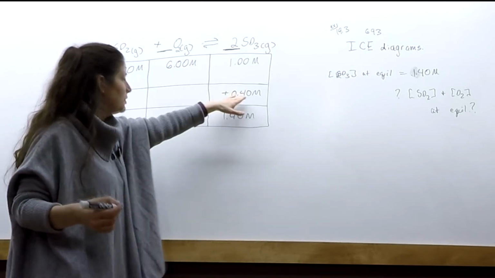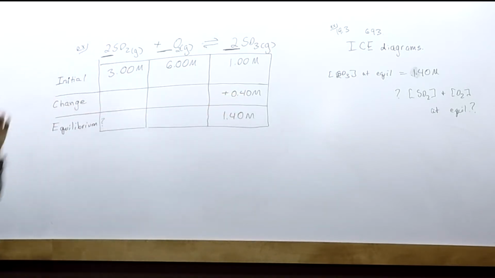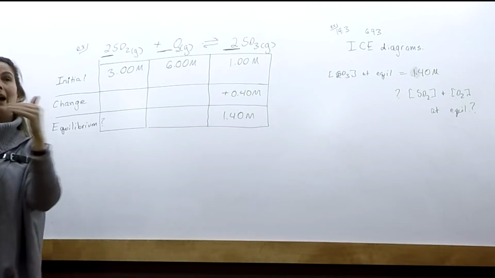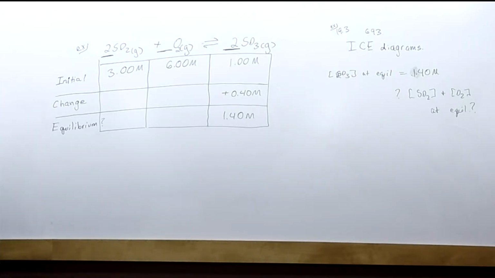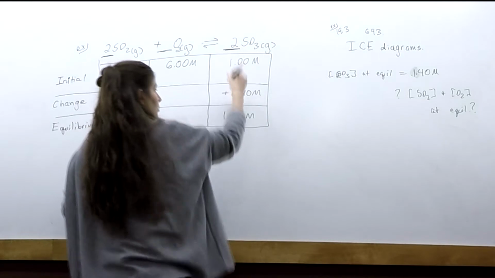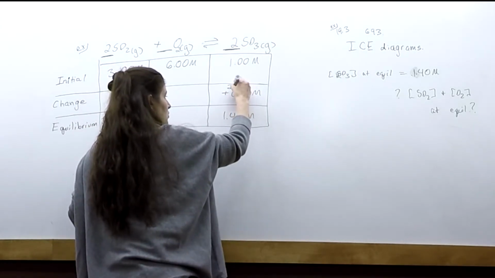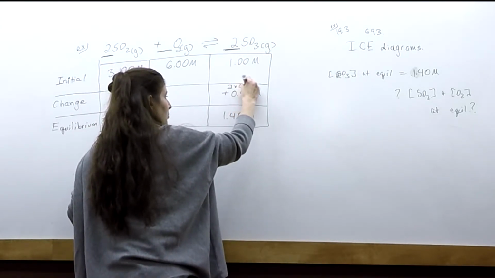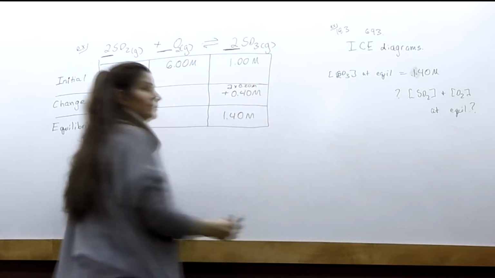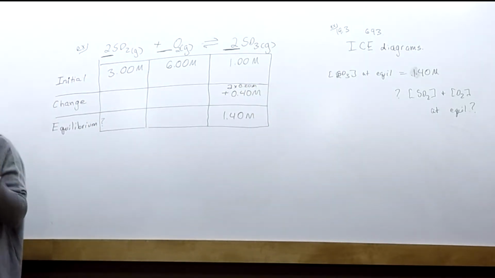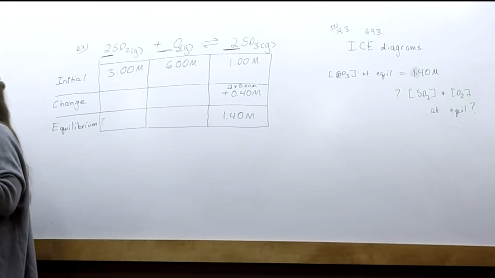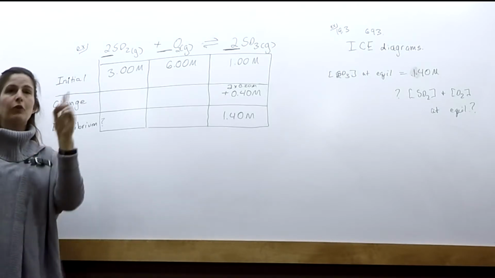So the change that we see across here is going to be constant. But we have to take into account our coefficients. So this one was actually, to determine the change, 2 times 0.2, right? Because there were twice as many of those. So the change had to happen for two of those.